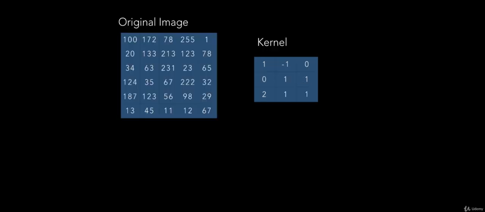So a convolution, just to recap, is an operation where we take a small matrix. We usually call it a kernel, and we convolve it over an original image.